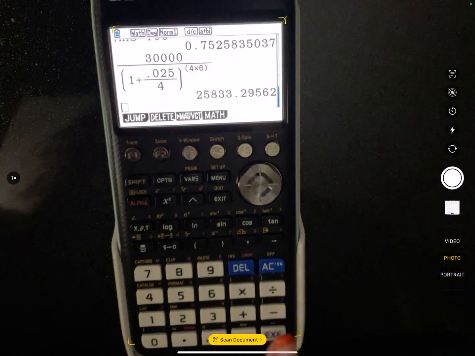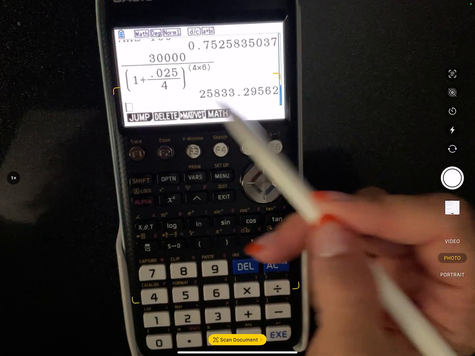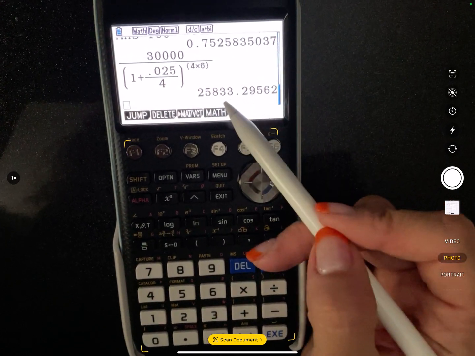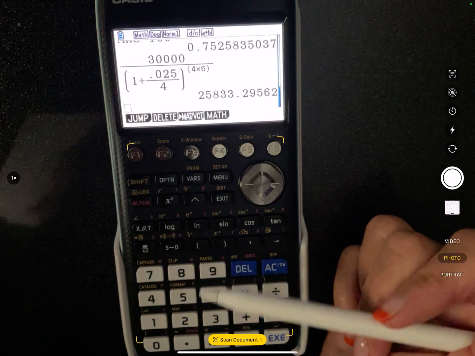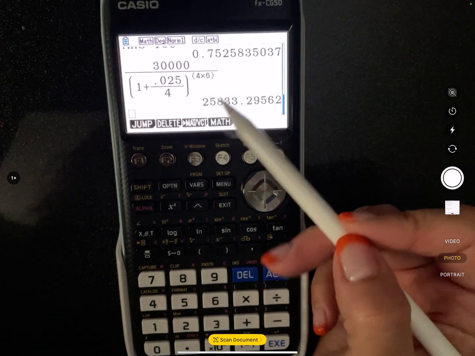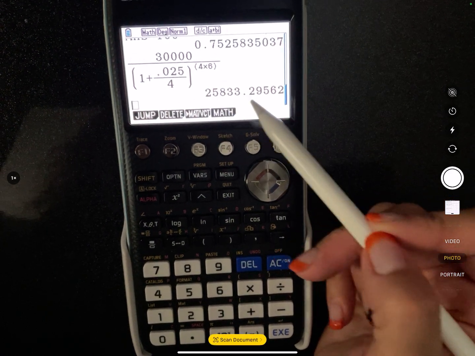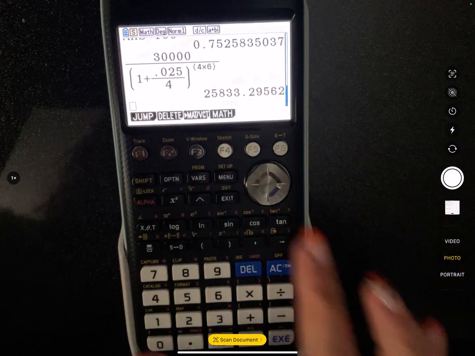And I press enter. And this tells me the amount that Will is going to need to deposit today so that he ends up with $30,000 in 6 years from now. So he will need to deposit $25,833.30 as his initial investment.